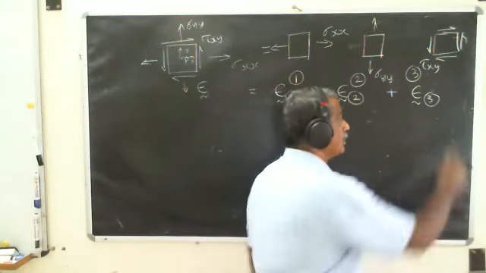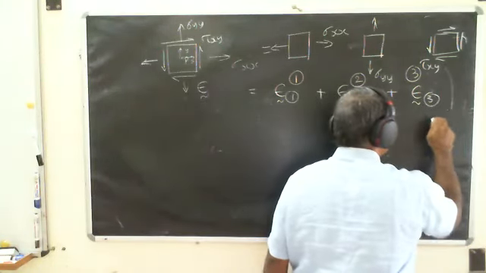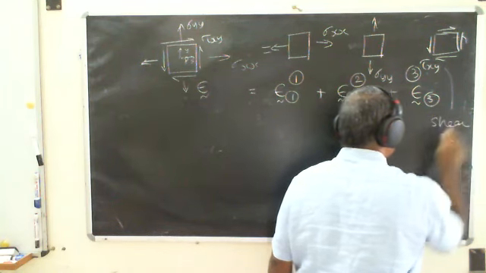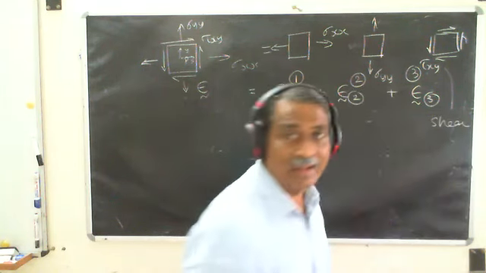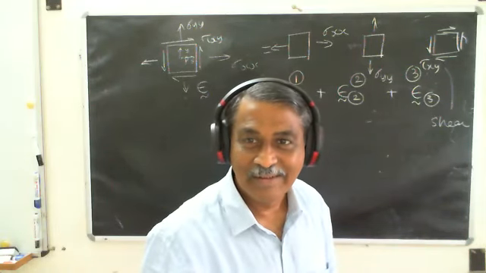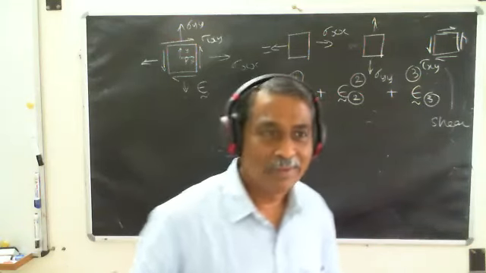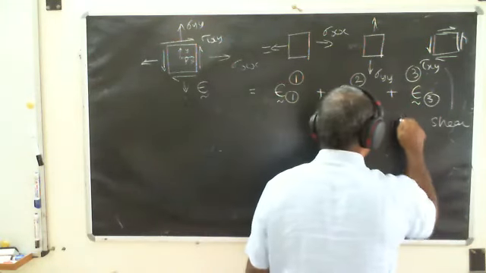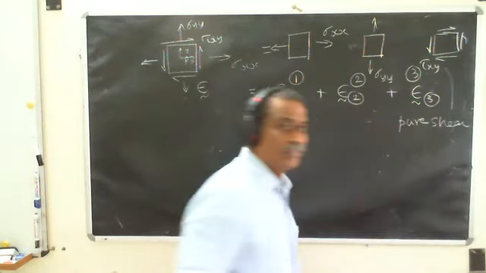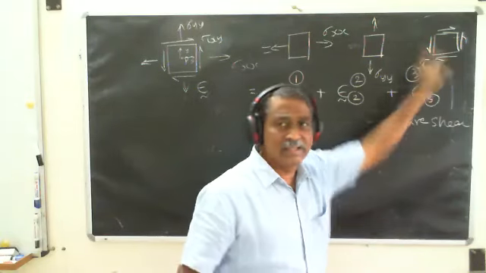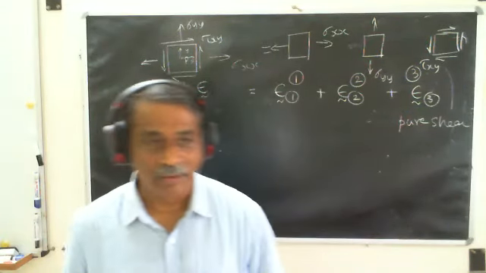What shear? There's something that we attribute it to. There's only shear, so pure shear. Very good. Okay. So this is a pure shear state for which I want to find out.